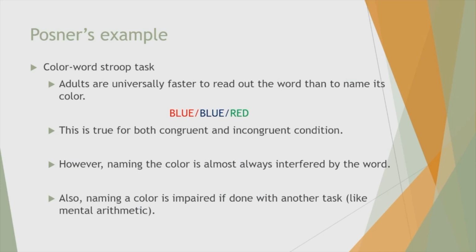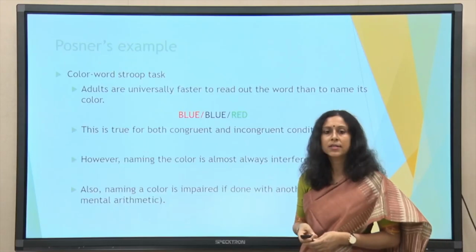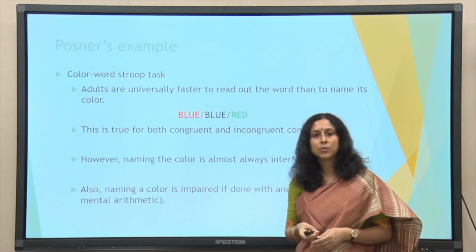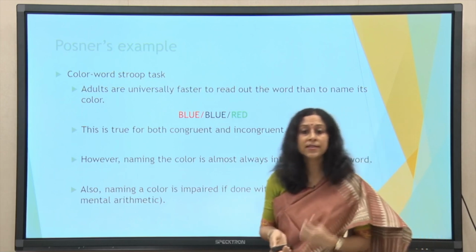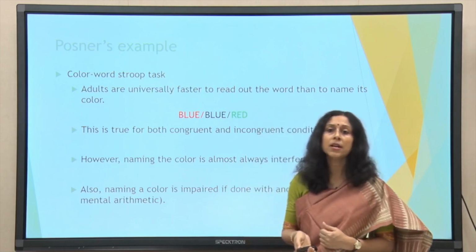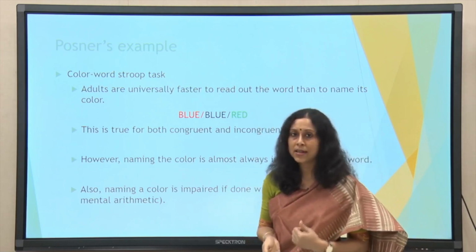One of the important ways in which Posner started to show this difference is the famous color word Stroop task. In fact, the Stroop task is so relevant even today. Through the color word Stroop task, they showed that adults are universally faster to read out the word than to name its color.